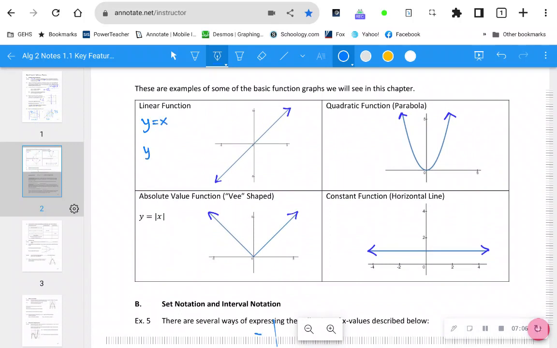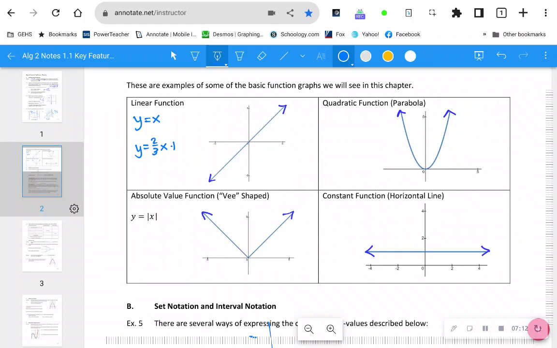You could change the slope by saying, for instance, 2/3 for a slope, and then maybe go up 6 units, and that would change the slope of the line and where it crosses the y-axis. But you can see that it passes the vertical line test. So these diagonal lines that you've been doing for many years are all functions.